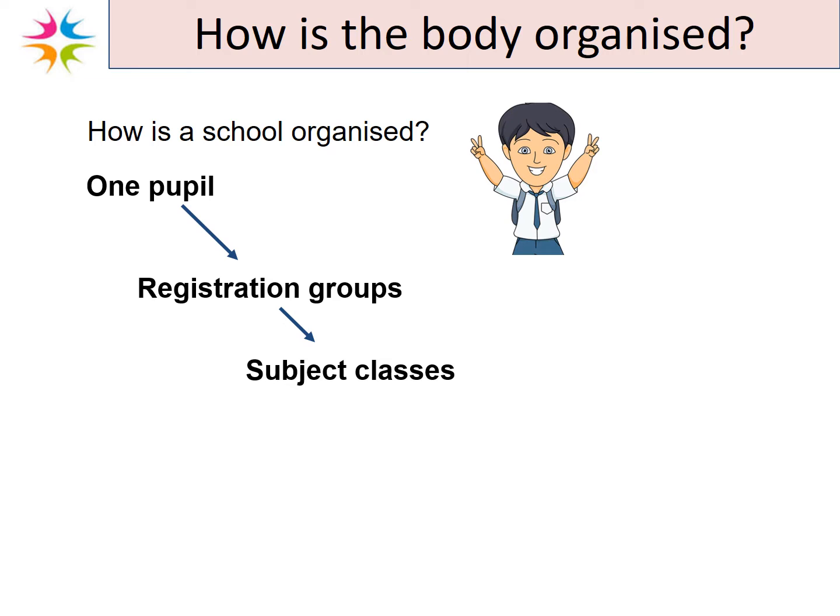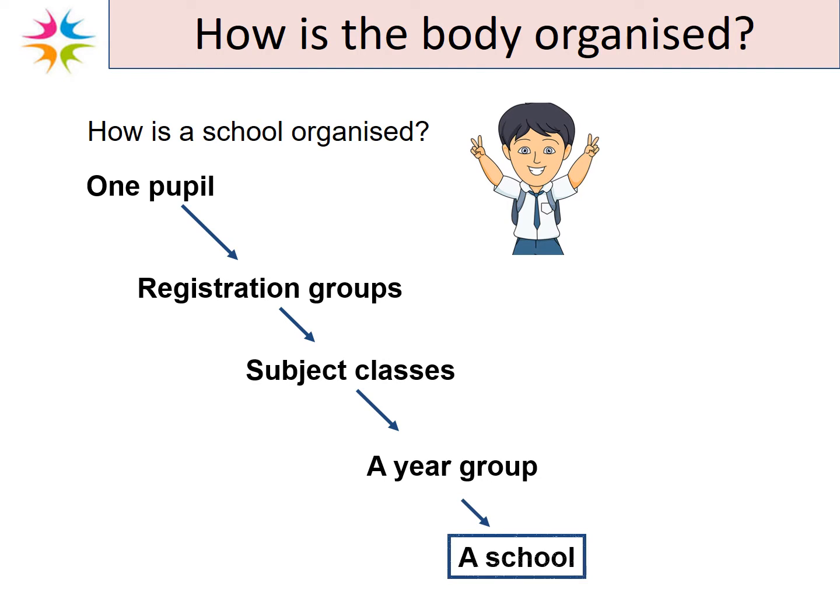Then you have your subject classes. Then you have a year group, so the whole of year 7. And then you have a school. Obviously, it's not just the whole of year 7 that makes up the school. It's from year 7 to year 11. And we're going to see that this is a similar situation in how the body is also organized.